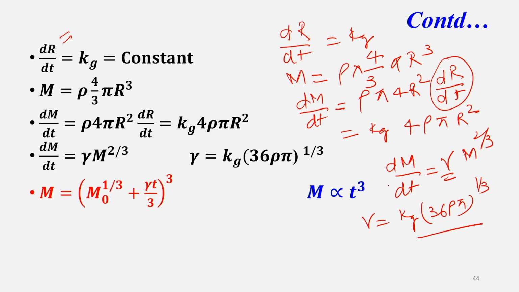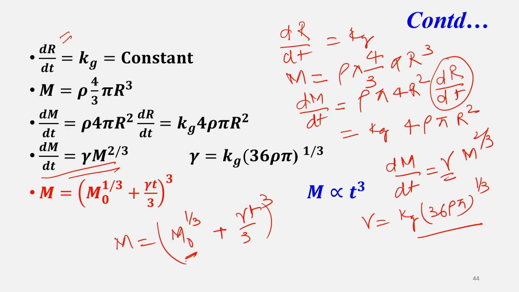So, once you are having this expression, dm as gamma m to the power 2 by 3, and if you integrate it, we will end up with m as m naught to the power 1 by 3 plus gamma t upon 3, whole cube.